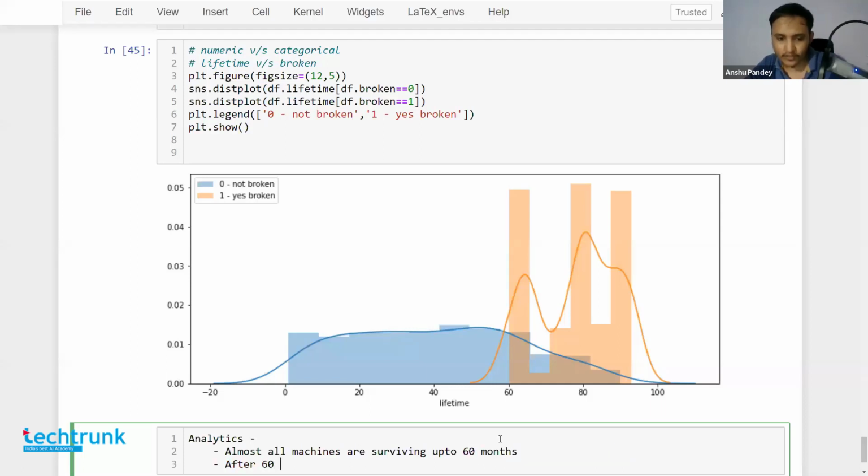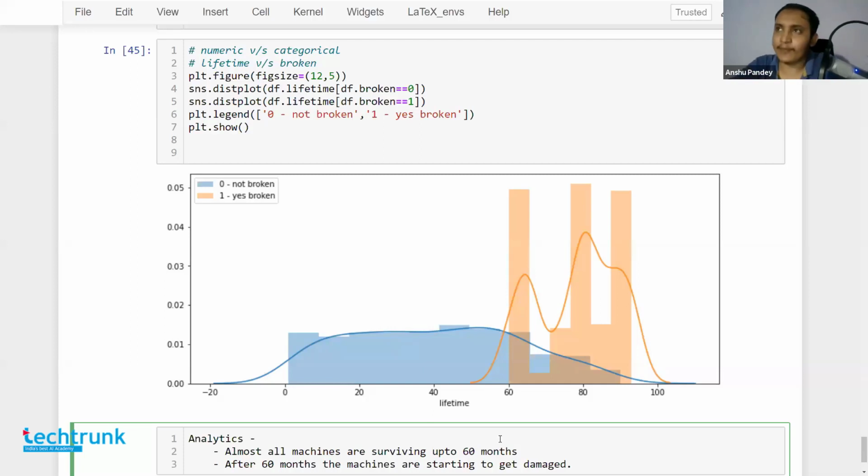After 60 months, the machines are starting to get damaged, right? So after 60 months, the machines are starting to get damaged. This is one of the patterns that exist.